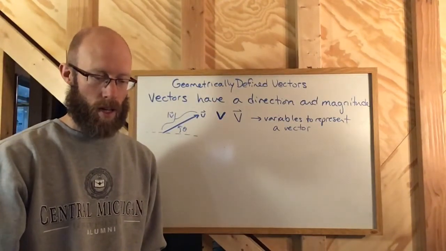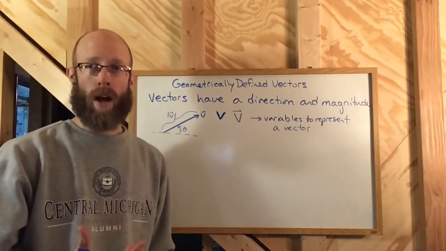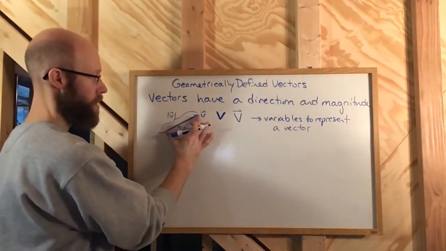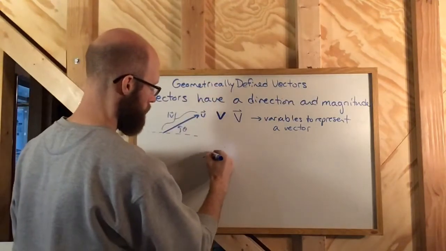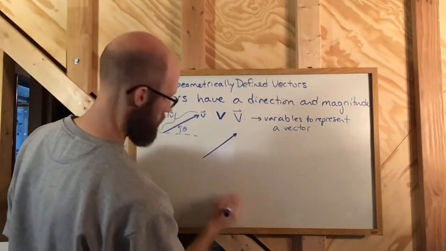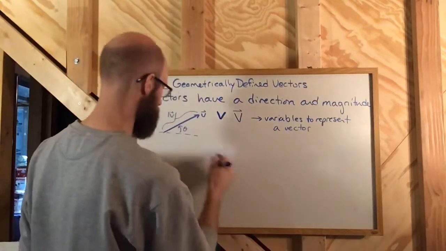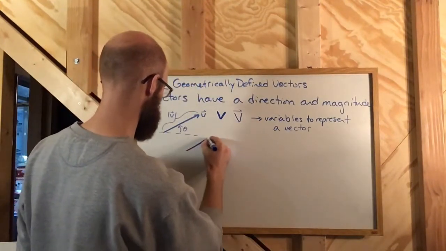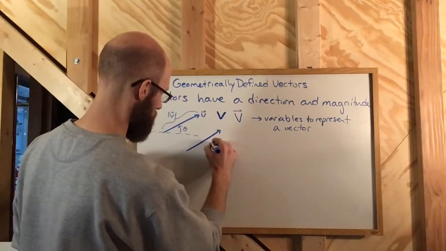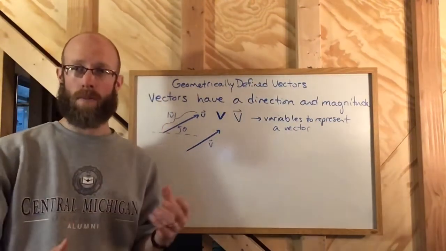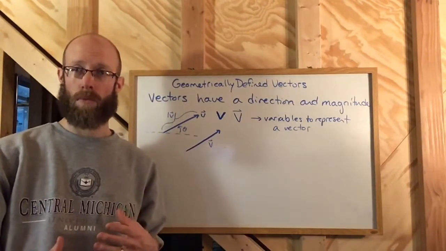You can move vectors around and they don't change. So the same vector could be in one location and in another location. They just have to be pointing in the same direction with the same length. So both of these vectors, assuming the same length and the same direction or angle, are going to be called vector v.